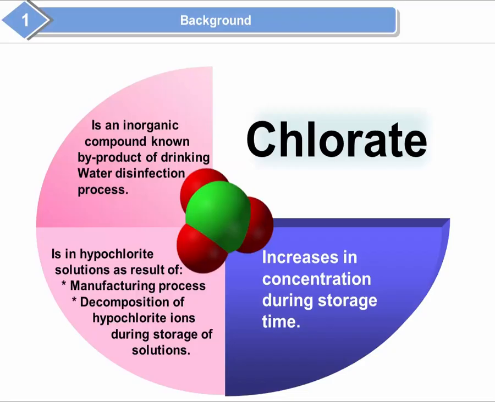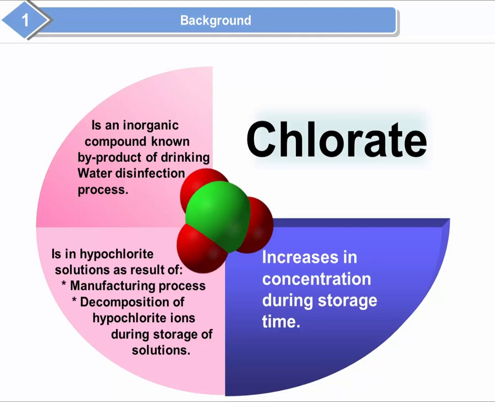Chlorate is an inorganic compound and is a known byproduct of the drinking water disinfection process, forming when sodium hypochlorite and calcium hypochlorite are used. A number of compounds can react to release the chlorate ion in water, including compounds found in herbicides, fireworks, and other explosives.